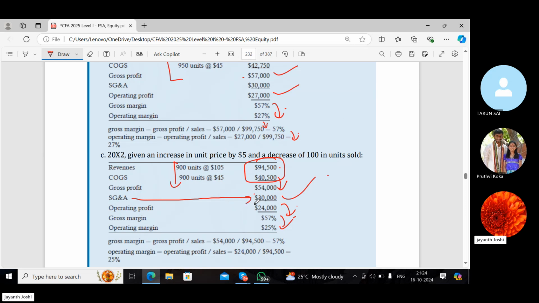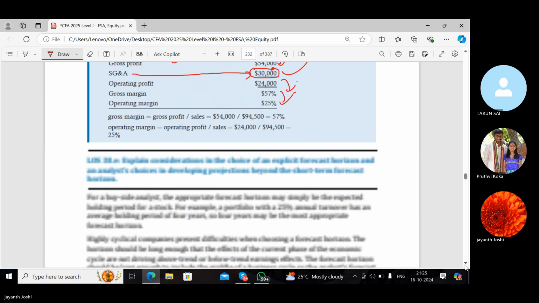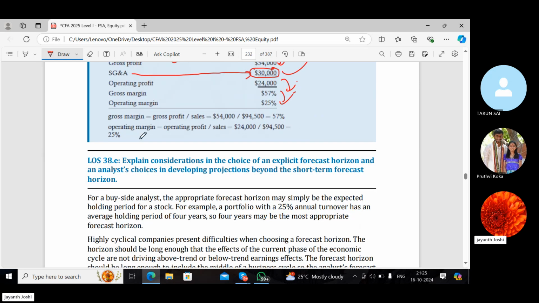You are not able to take the advantage of your fixed cost of selling, general and administrative expenses, because you are selling fewer units now and generating less revenue, so you find it difficult to absorb or adjust this. But if you earn very high, if the revenues are like 5 lakhs, this becomes peanuts, correct or wrong? Yes. It is easy to manage. Yes. So these are the calculations.